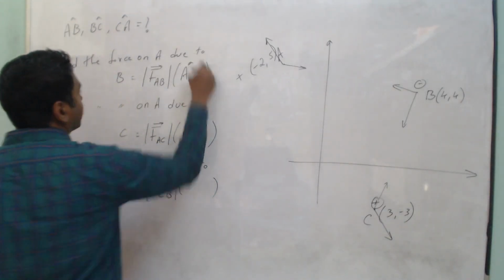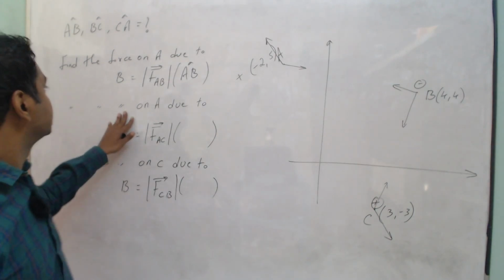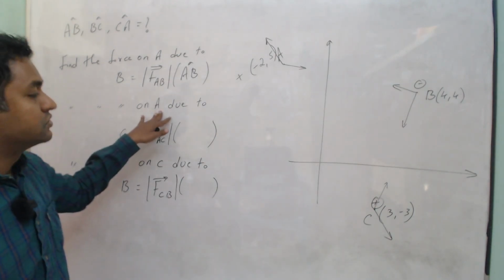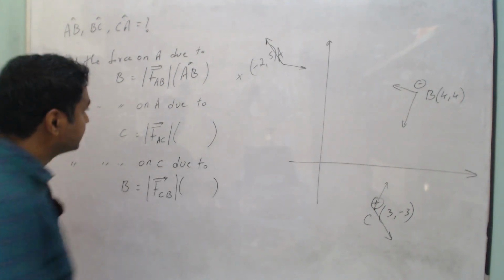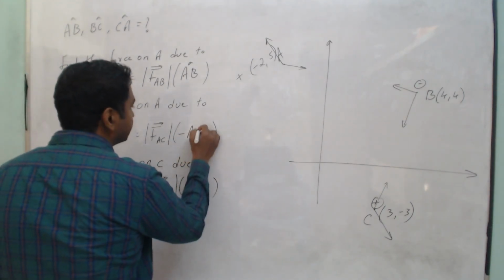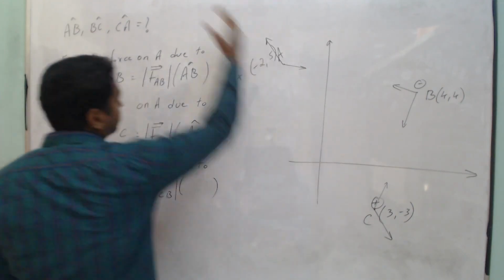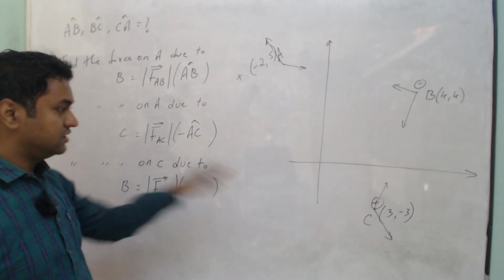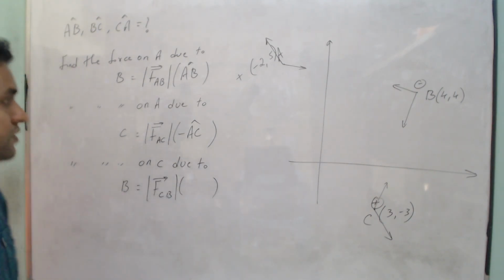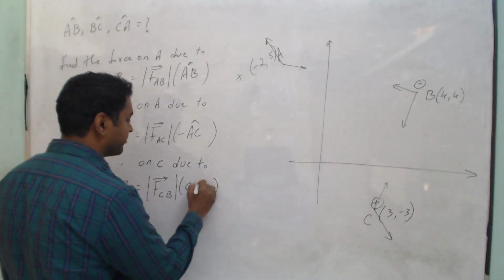Next, on A due to C is minus AC cap, basically in that direction. And on C due to B, we can write CB cap.